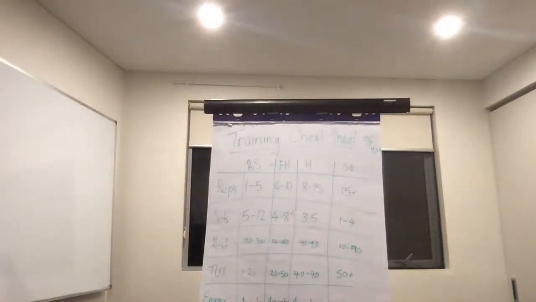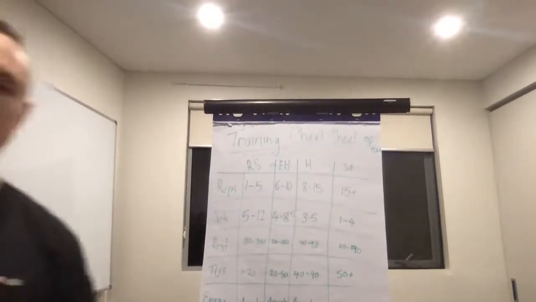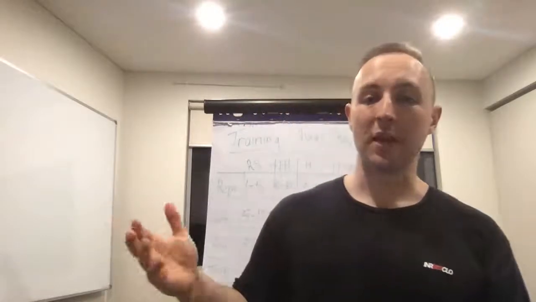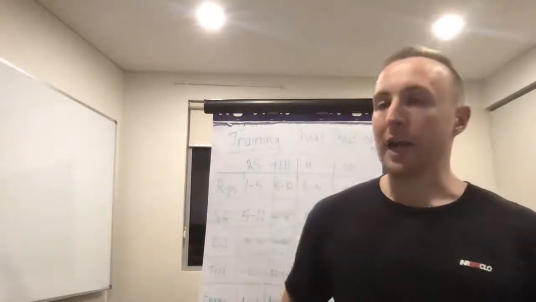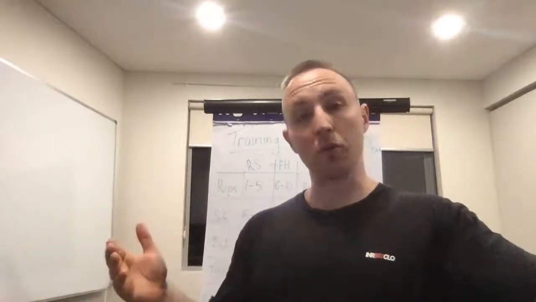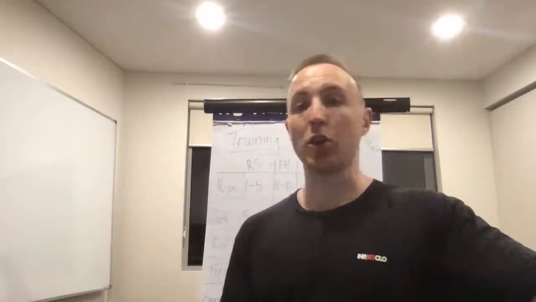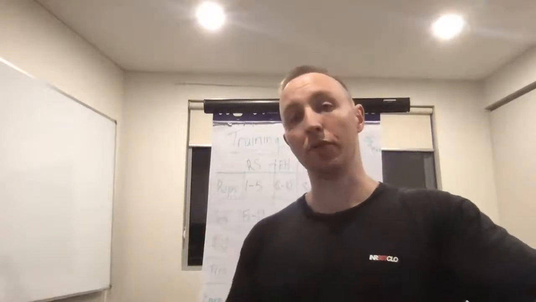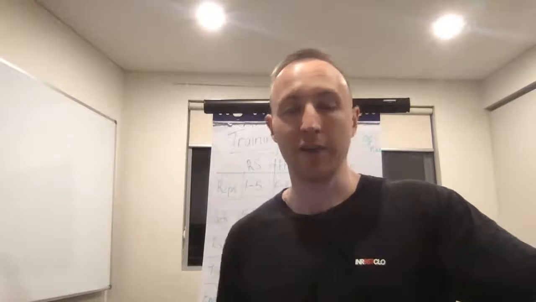As much as I have personal preference, I personally like German volume training, 10 sets of 10, love it. I love the method of linear progression where you do 10 sets of 10 for 4 weeks, and then 4 weeks later you do 4 by 6 to 8, but across 4 movements instead of 2, and then you go back into 10 sets of 2 to 4 reps or 3 to 5.